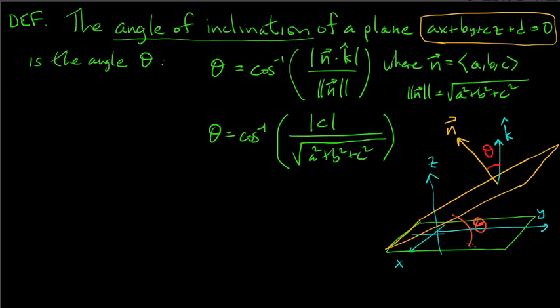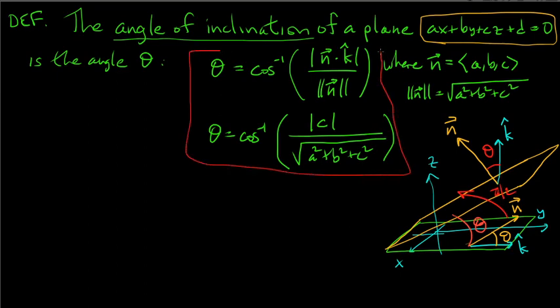So in other words, if this is your angle in the k direction, then the vector n would be pointing this way, and so you get the same angle. So just rotate this 90 degrees, pi over 2, and you have the same picture. So there you go. This is the formula for the angle of inclination, and that's all it is.